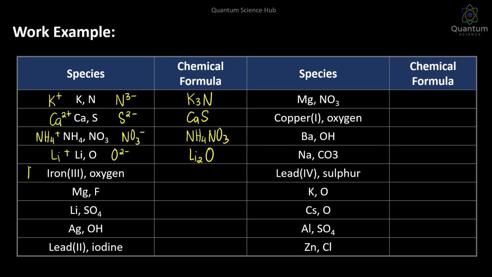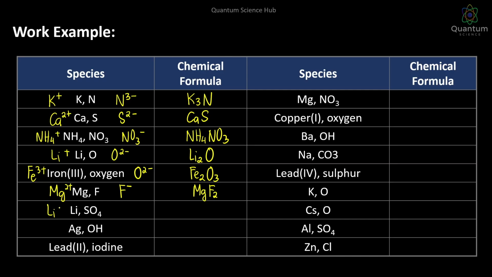So iron can be iron 2 or iron 3, but this one is iron 3. So Fe3+. Oxygen is O2-. So I will take yours, you will take mine. So become Fe2O3. Next, Mg. Magnesium is Mg2+. Fluorine is halogen, F-. So I will take yours, you will take mine, MgF2.